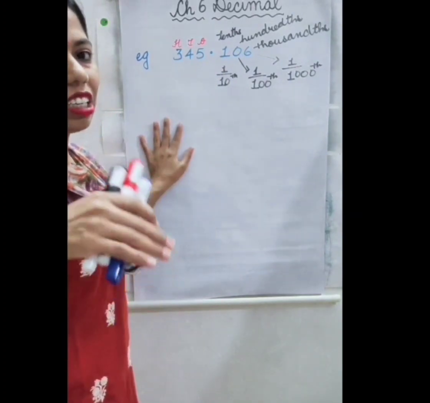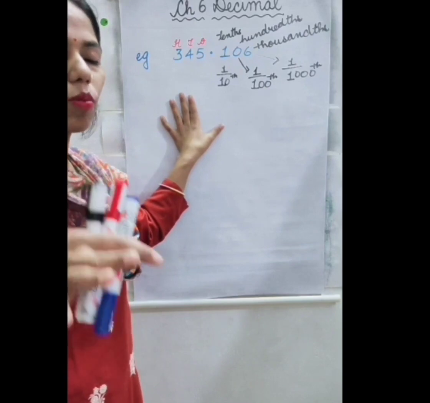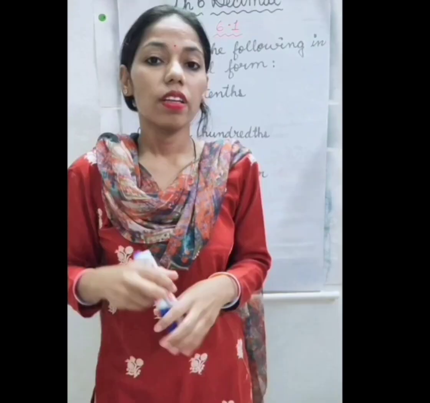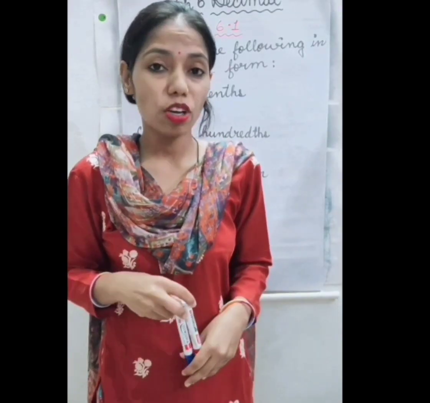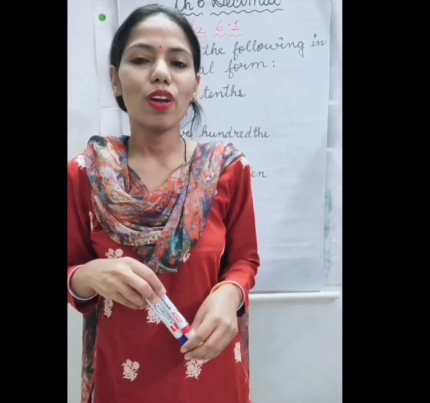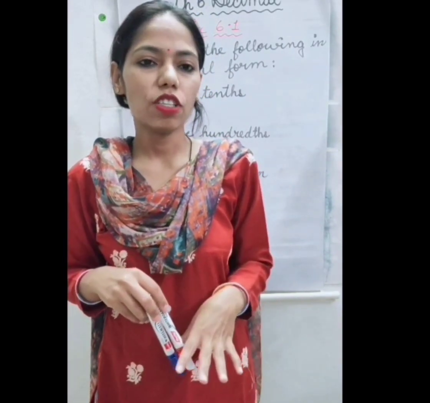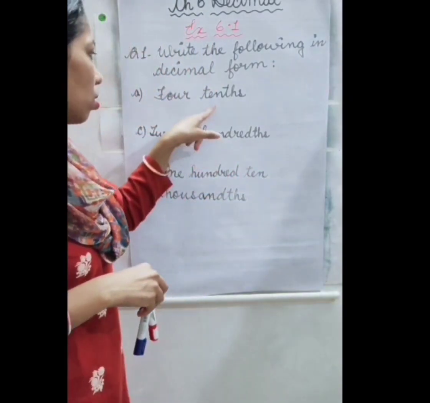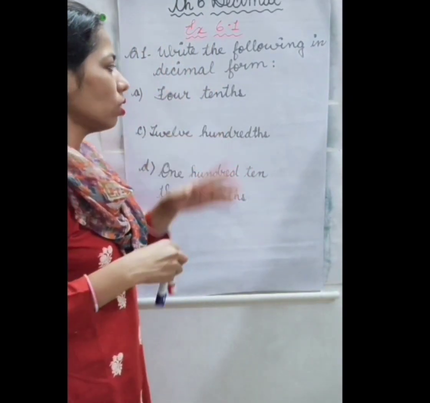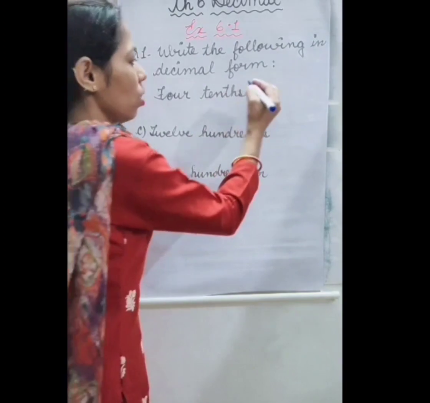Now let's understand it in a better way by solving questions from exercise 6.1. The first question of exercise 6.1 is: write the following in decimal form. The first part is 4 tenths. So we have to write 4 tenths in the form of decimal.